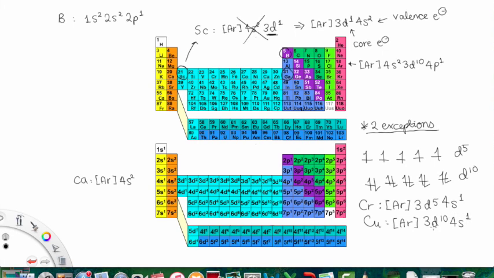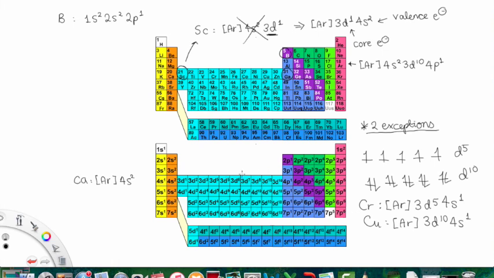Looking at it simply, we would have thought that we would have 2 electrons in the 4s for both, right? But basically one of the electrons pops up into the d orbital, in order to make it a more stable configuration. So these two are the exceptions to the usual rule that I talked about before.